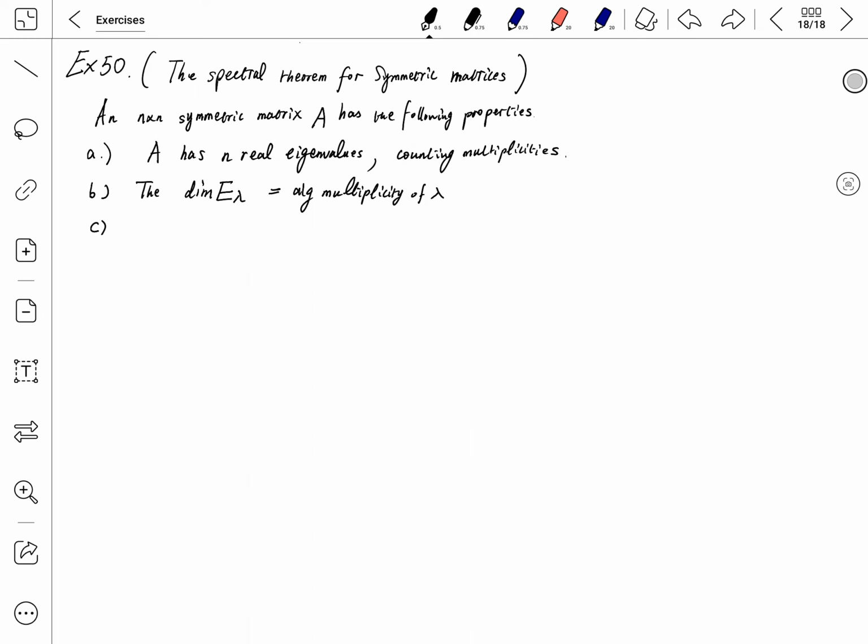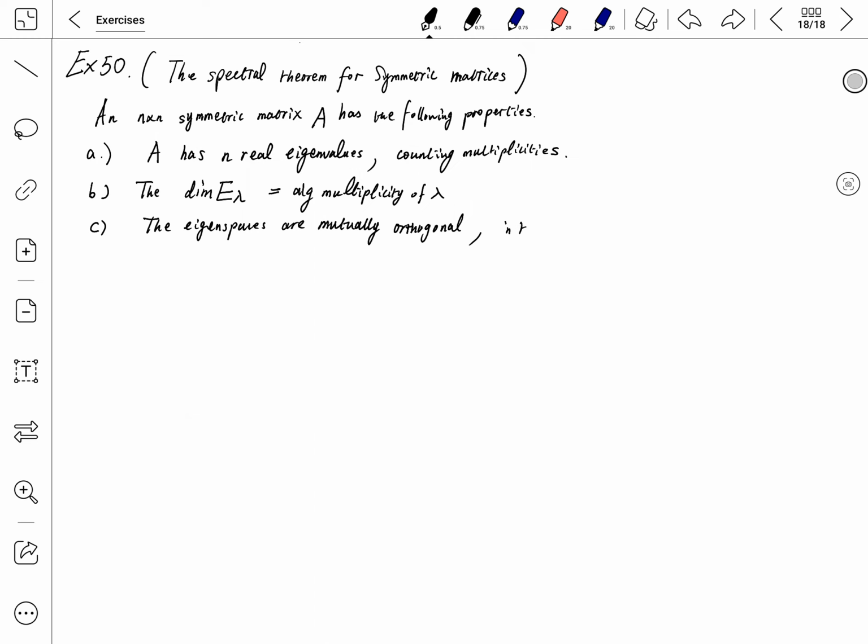Thirdly, the eigenspaces are mutually orthogonal in the sense that for any different eigenvalues, their corresponding eigenvectors are orthogonal.